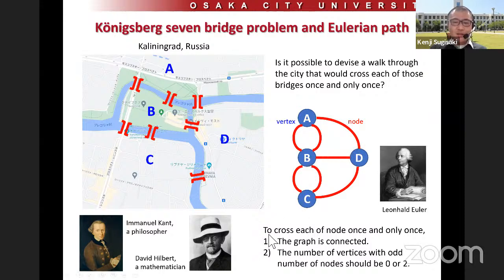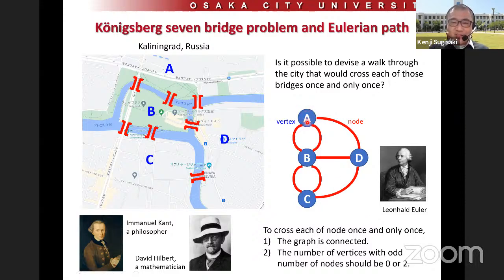In order to cross each edge once and only once, there are two requirements. The one is the graph is connected. And another is the number of vertices with an odd number of edges should be either 0 or 2. So in this case, let's count the number of vertices with an odd number of edges.